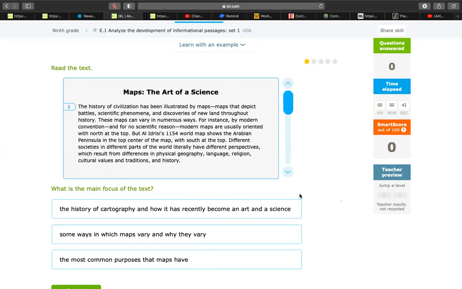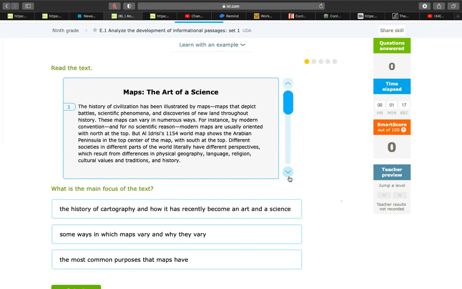But Al Idrisi's 1154 world map shows the Arabian Peninsula in the top center of the map, with south at the top. Different societies in different parts of the world literally have different perspectives, which result from differences in physical geography, language, religion, cultural values, traditions, and history.